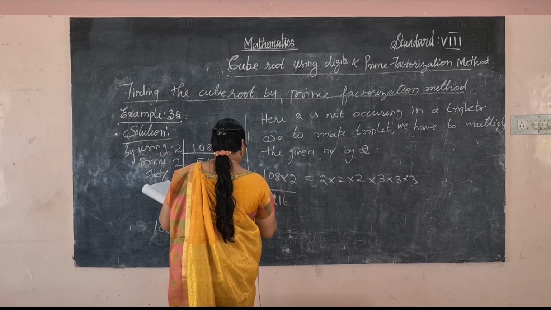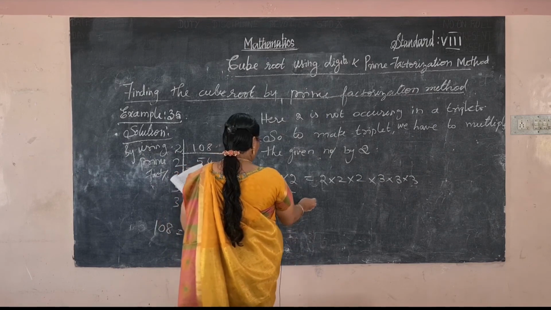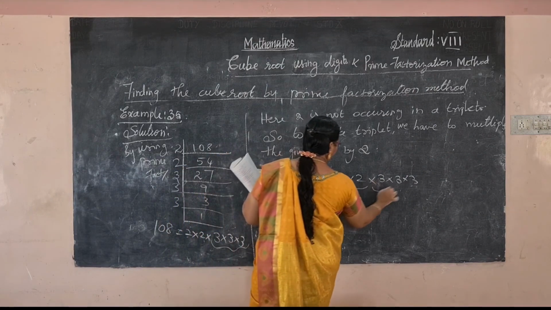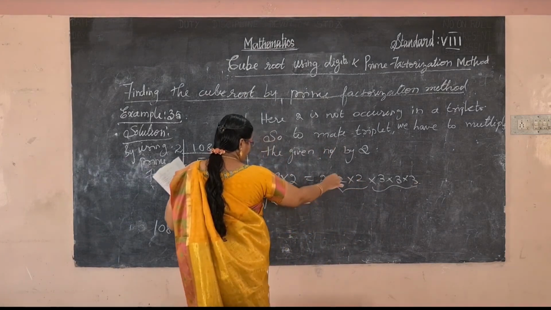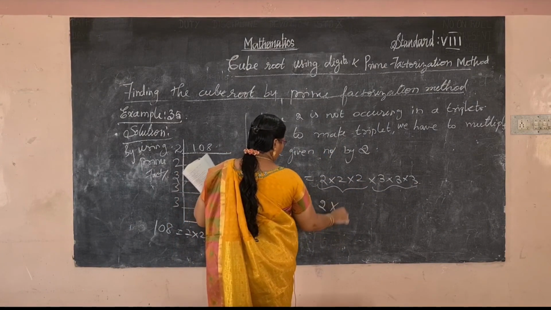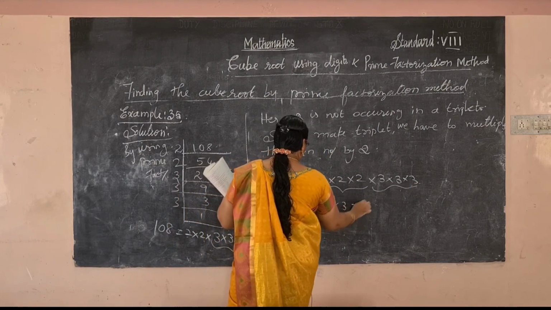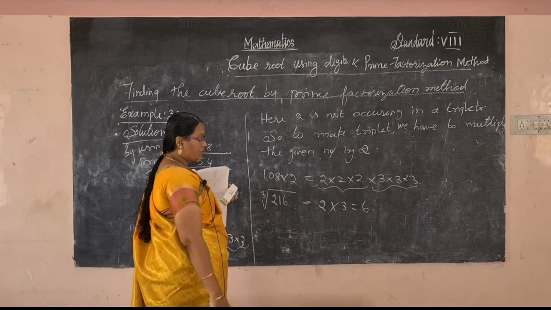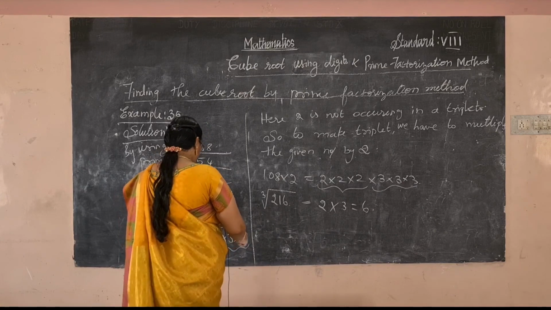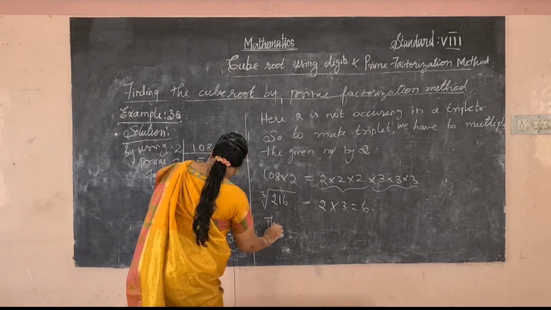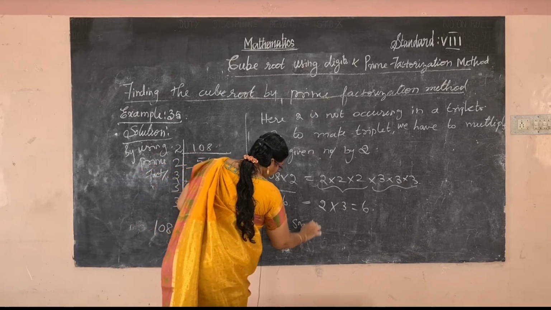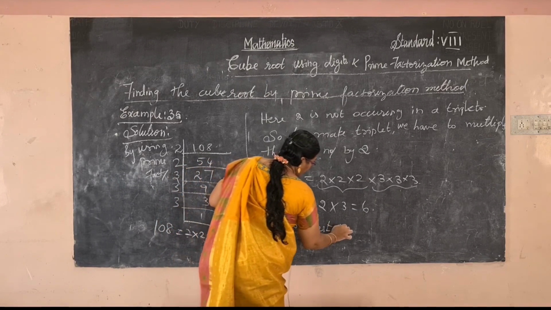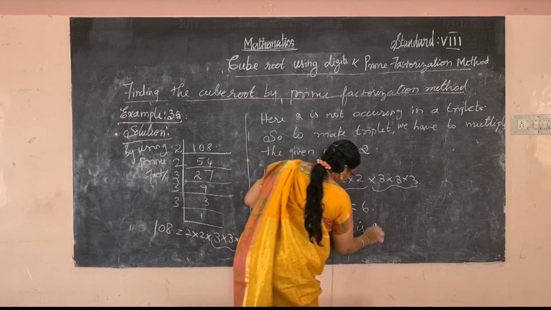The cube root of 216 is equal to, now we got the triplets. From these triplets, 2 into 3, 2 threes are 6. So the cube root of 216 is equal to 6. The smallest number is 2.